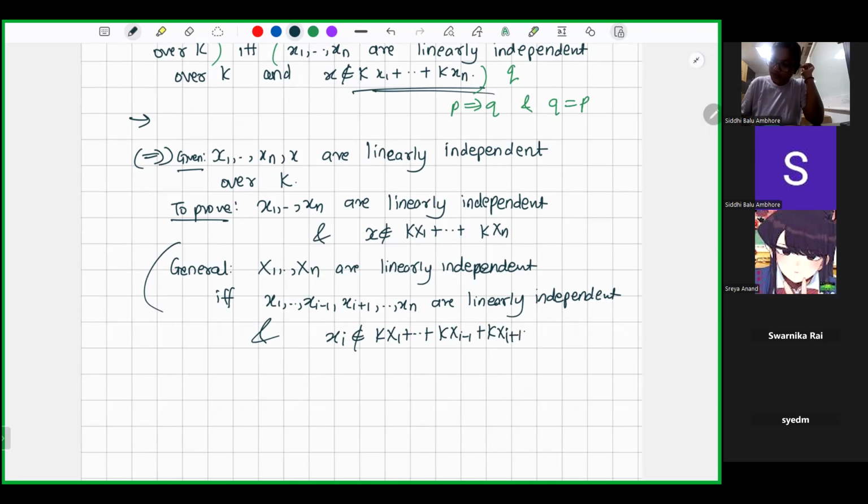Why I'm writing this is, what does this mean is that if I have a bigger set of n or n plus 1 elements or whatever number of elements you want, every subset will be linearly independent and no element from that set will be a linear combination of the other elements. That's what this statement essentially means. That if I have a set of linearly independent elements, its subset will always be linearly independent. That's the essence of this statement.